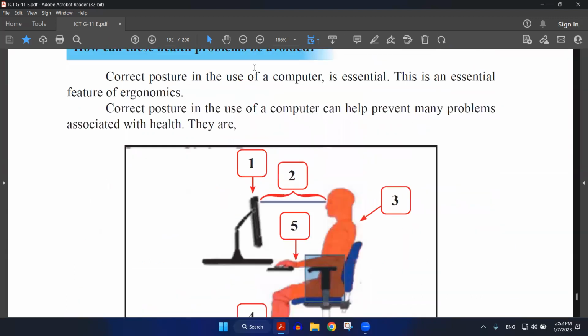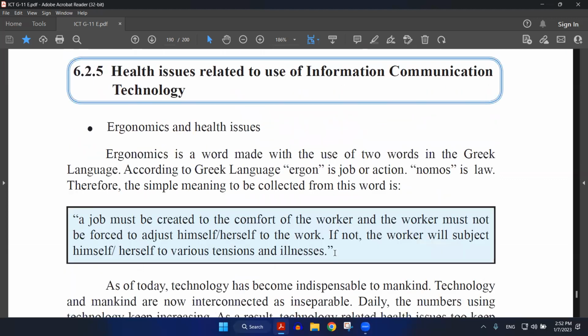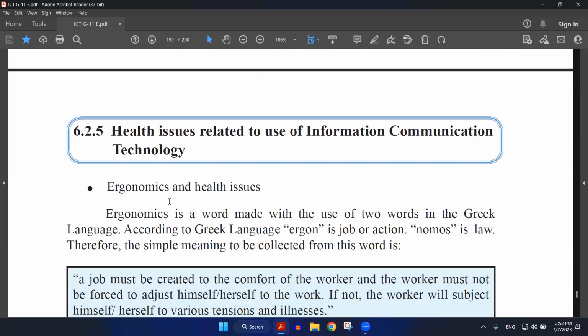So let's quickly write these things down, people, right? Then we can go for the other things. So have the heading.